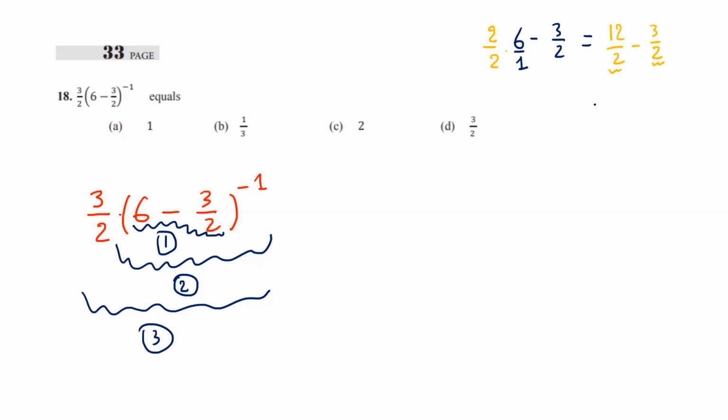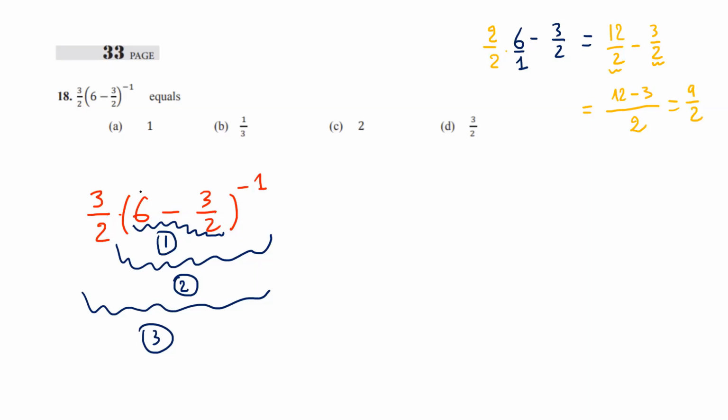Now we have the same denominator, so we can subtract, and the result will be a fraction with denominator 2. In the numerator, we subtract numerators, 12 minus 3, we get 9 over 2.